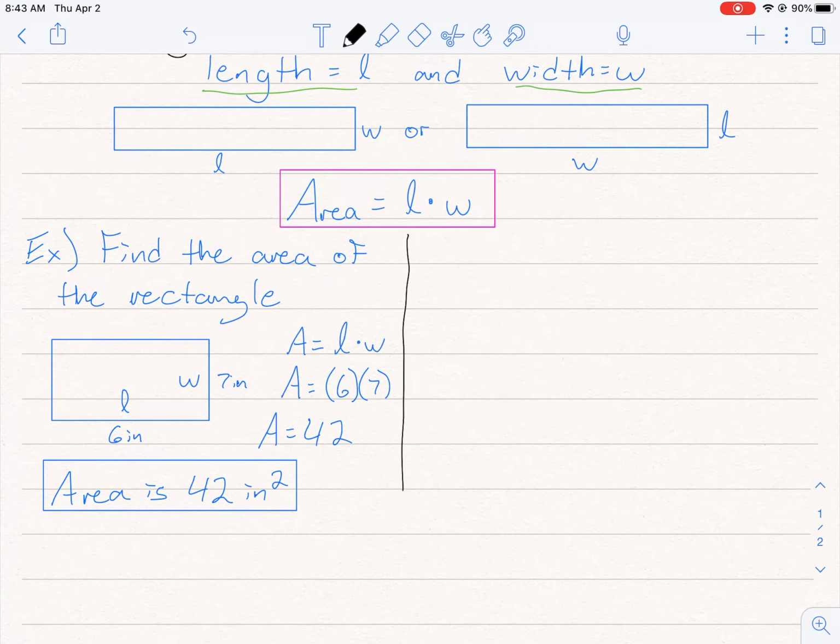Now I'm going to kind of separate this down the middle here because I'm going to have another example kind of similar.